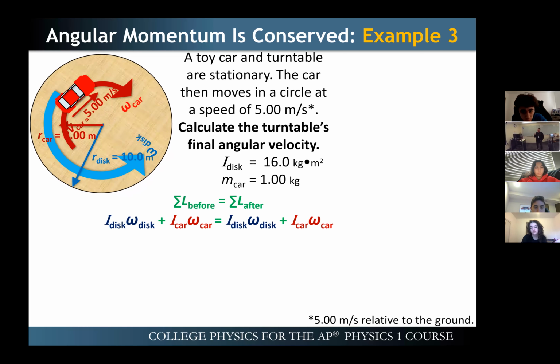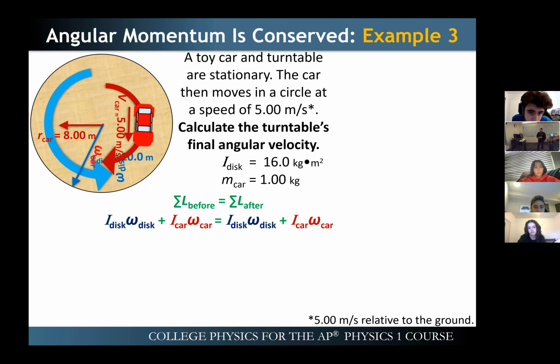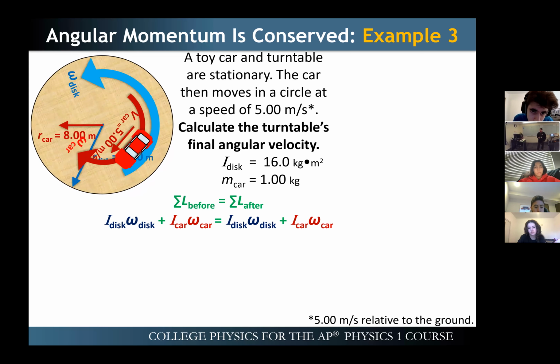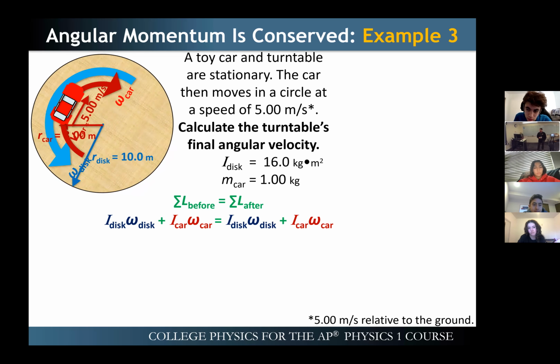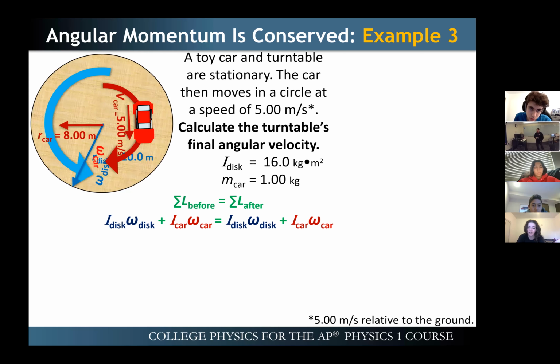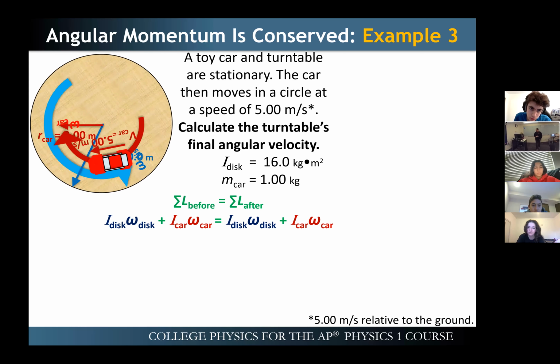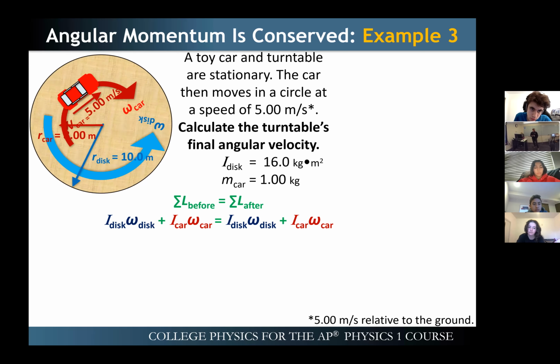Sally, because the toy car and turntable are stationary, what do we know about the momentum before? Well, if it's stationary, it doesn't have any. Correct. No velocity, no momentum, right?